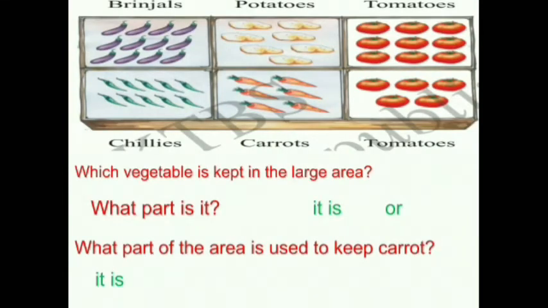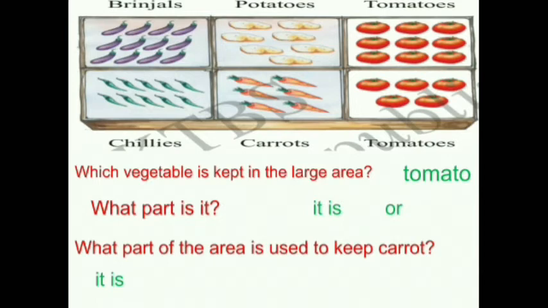Children, see this figure. Here, some vegetables are kept in different boxes. Let us use it as an example to learn fraction as a part of a group. Children, which vegetable is kept in the large area? Yes, tomatoes are kept in the large area.